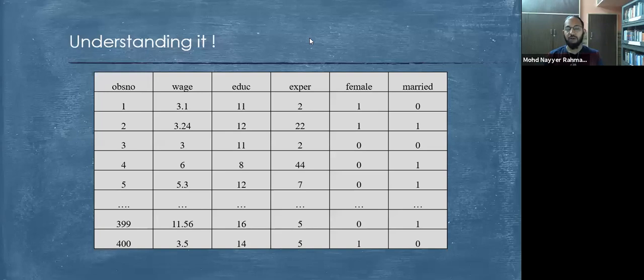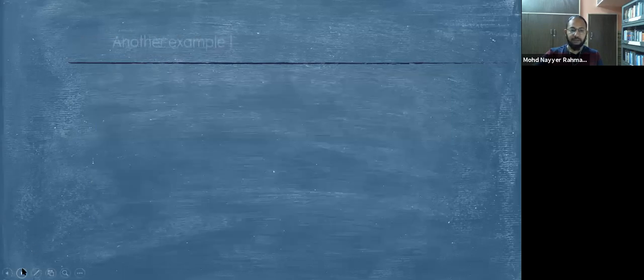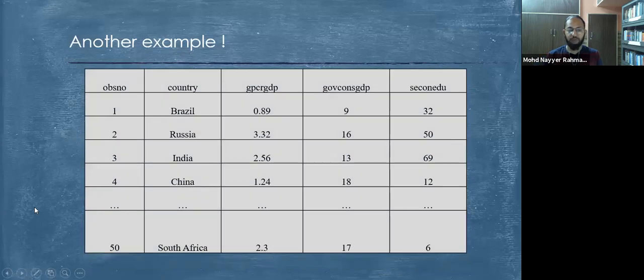So this is what a cross-sectional data type is. Moving on, we have another example. Again we have observations from 1 to 50, we have countries, and we have variables for them: GDP, government consumption as percent of GDP, and secondary education.